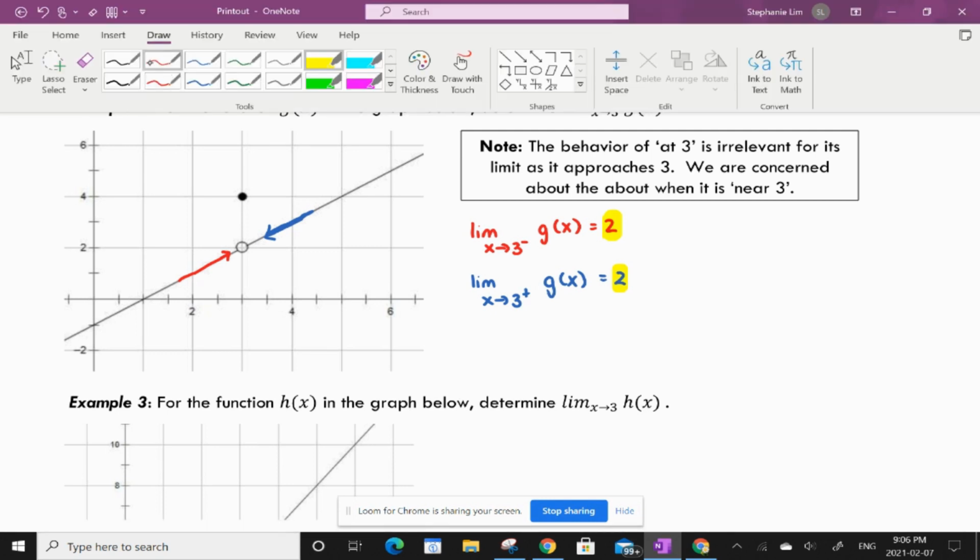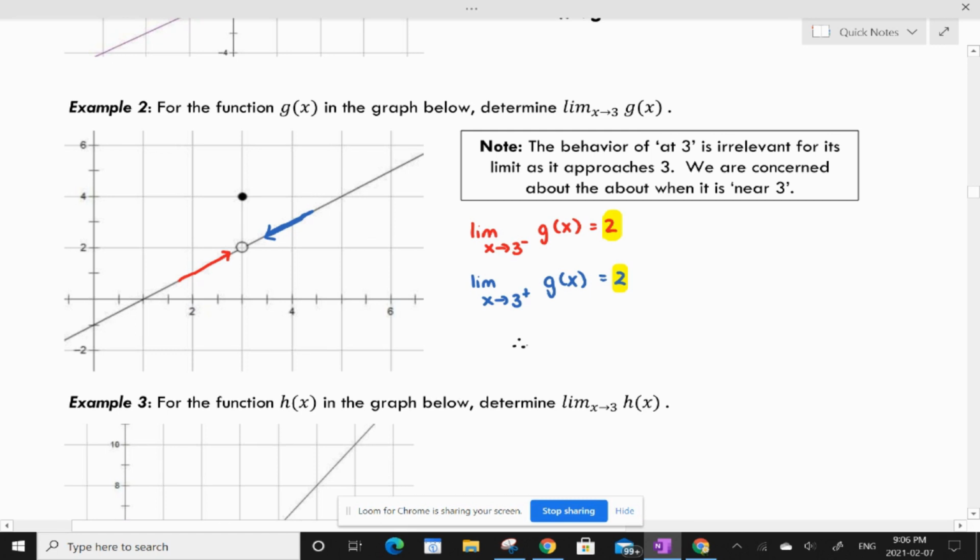Therefore, the limit as x approaches 3 of g of x is 2. When we're dealing with limits, we're always concerned about what's happening near the x value, in this case near x equals 3. I don't care about what's happening at x equals 3. I just care about what's happening when we get near 3.